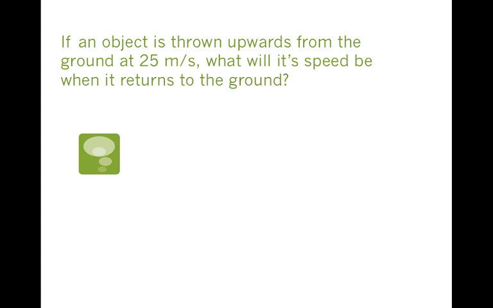What did we do in the last problem to figure out the time? So you're going to have to figure out time first. I'll at least give you that. And then see if you can figure out what to do with time to figure out the speed right before it hits the ground.